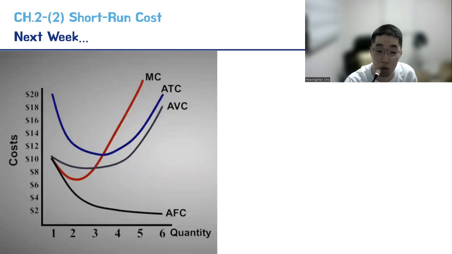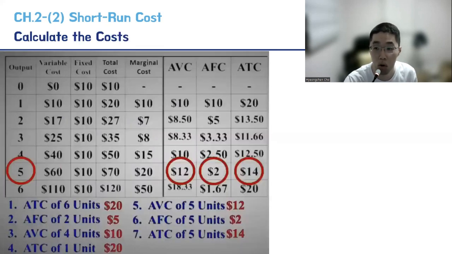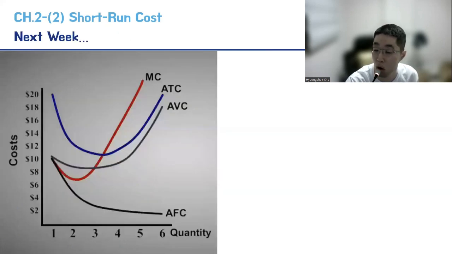So I want you to review this whole calculation and calculate these equations by your own hands for this week. It will take quite a lot of time. Then after a short break, we will look over today's pop-up quiz.